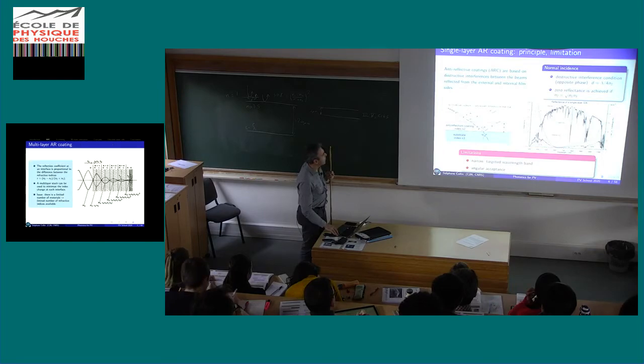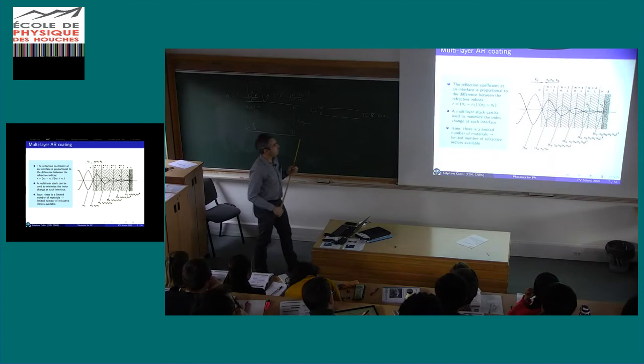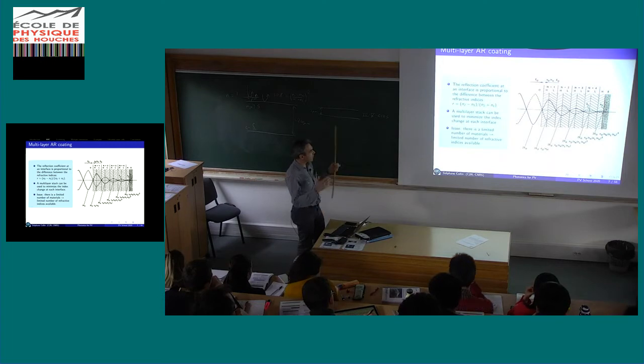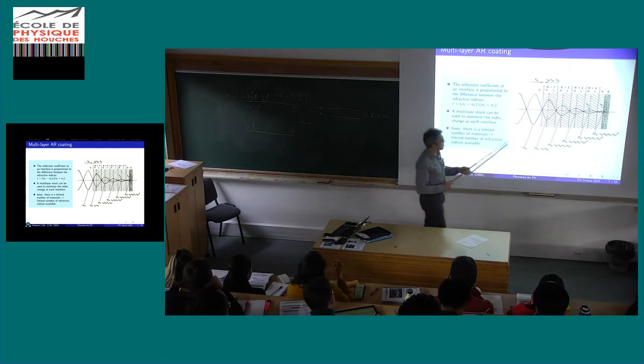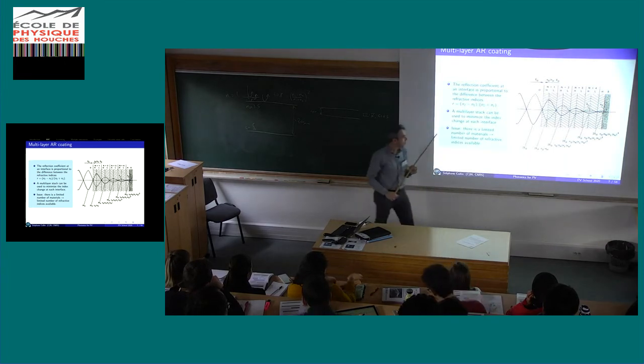So what you can do to improve that is to use several layers to gradually decrease the reflection and to have a larger bandwidth through a multi-layer stack to use as an anti-reflection coating. You have to tune the thickness of each layer and the refractive index of each layer.